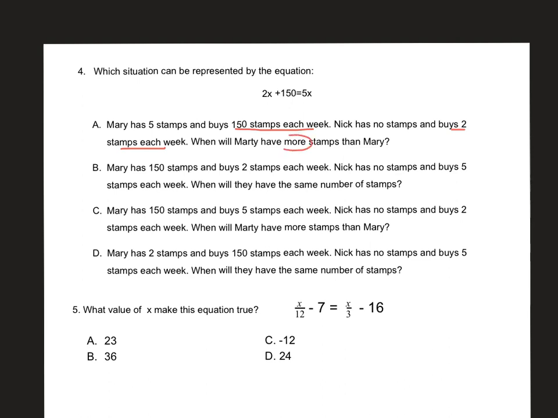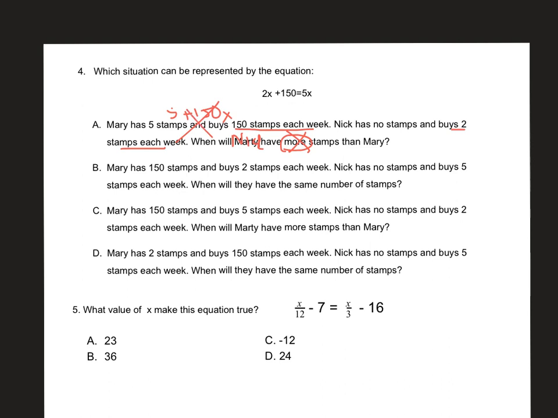Well, this is actually looking at more stamps, so this is not an equation, so this one cannot be the situation I'm dealing with. Also, here Mary had 5 stamps and was buying 150 per week, so that's not an option there.